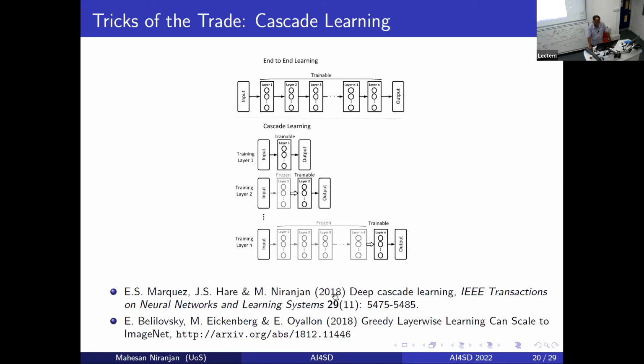A few months later, Enrique demonstrated this on some simple problems like simple image processing tasks. Around the same time, someone had another piece of work with a very similar architecture, training layer by layer, but they demonstrated it on a very large problem, the ImageNet challenge with millions of data.